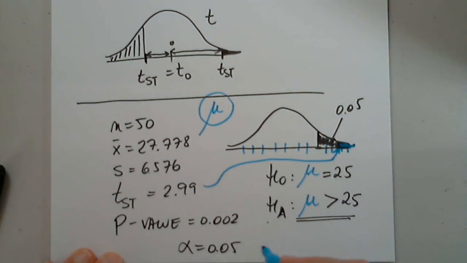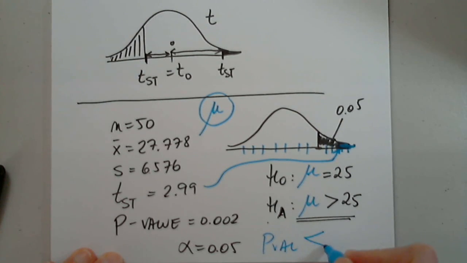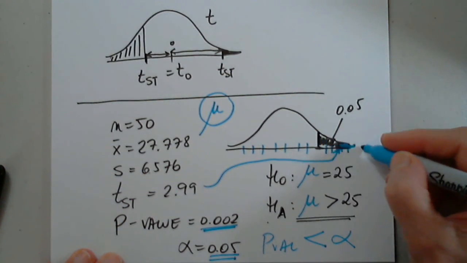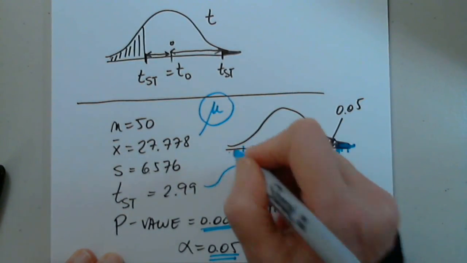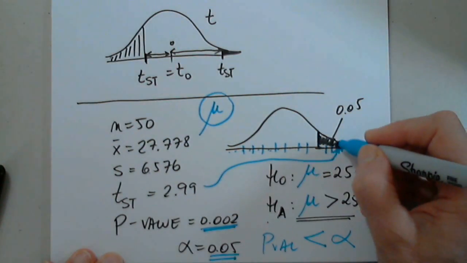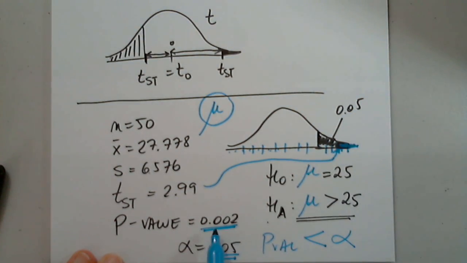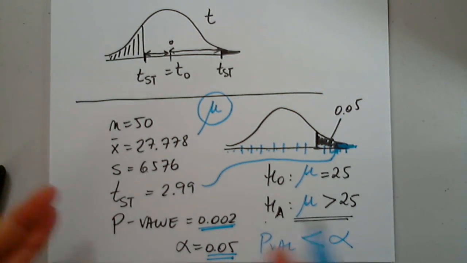So the p-value is definitely less than alpha, by far. So then I know that the test statistic falls in the rejection area. It does not fall here, because the p-value is so small right here. So there is nothing to calculate. They are giving us everything at the beginning with this problem.